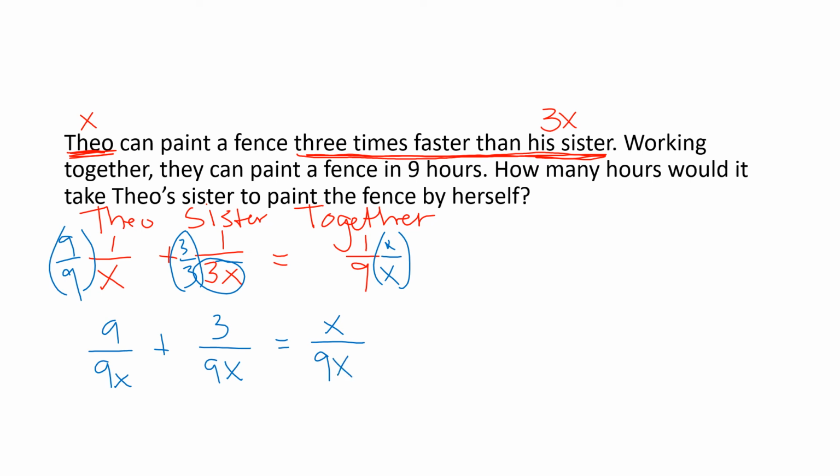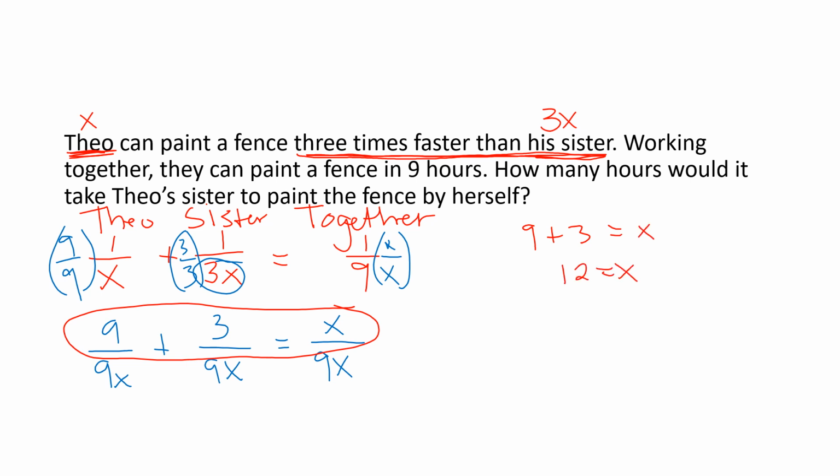Once you've got that common denominator all the way across, all you really need to do is look at the top to figure out what x equals. So looking right across the top, I see 9 plus 3 equals x. So that's 12 equals x. Now remember who's who.